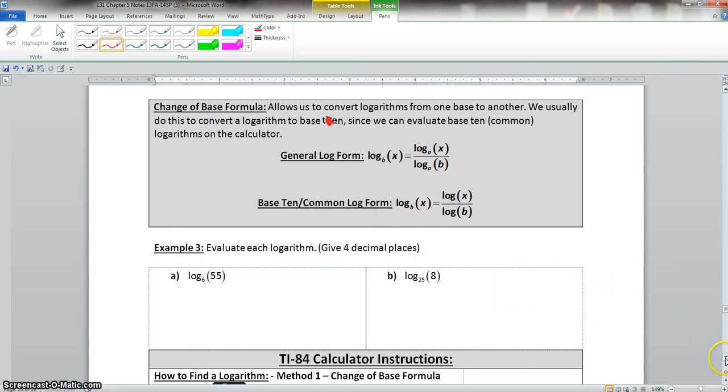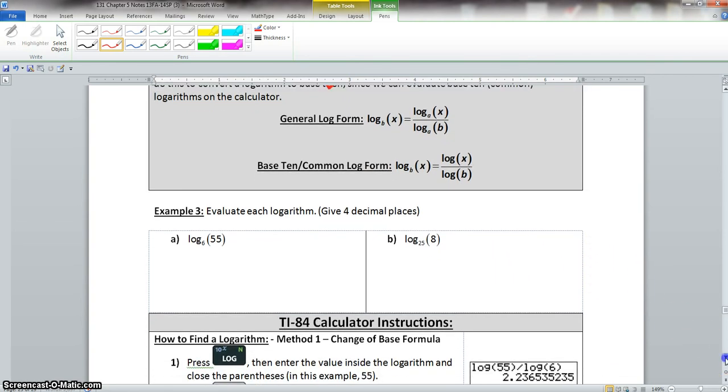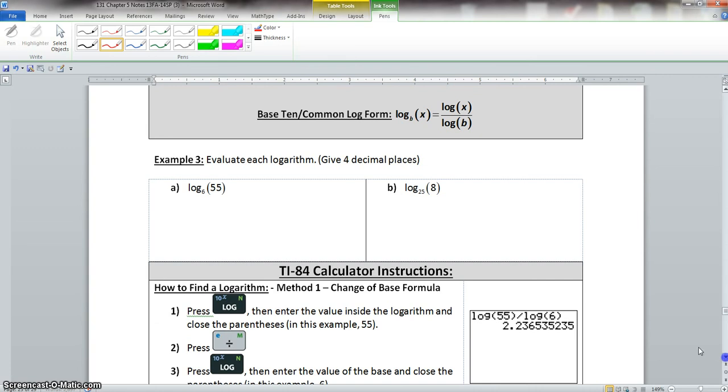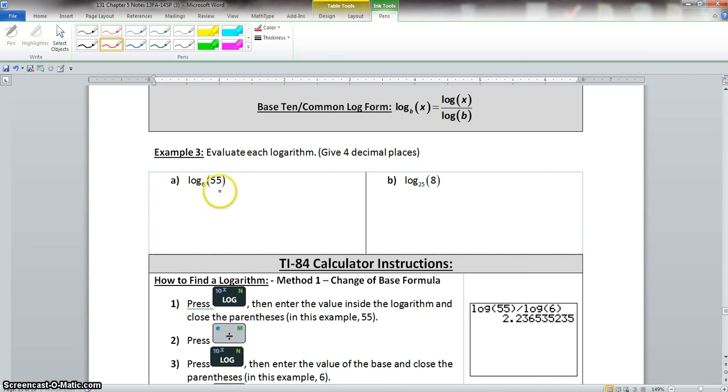Okay, so now, because remember, we don't have to write the 10 for the base. So log base 6 of 55, we could rewrite this as log base 10 of 55 all over log base 10 of 6. Now if you notice, the number that's further away goes on top, and the base of the log goes on the bottom. And that will give us an approximate answer of 2.2365.